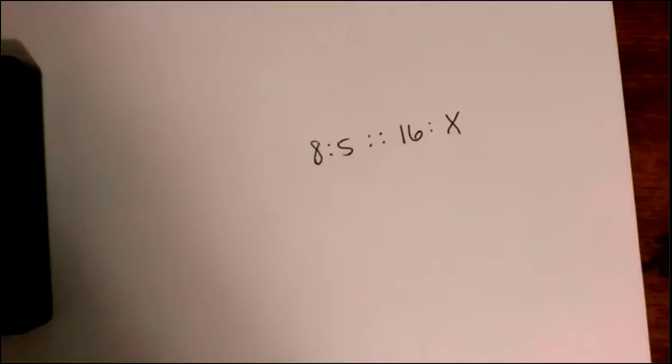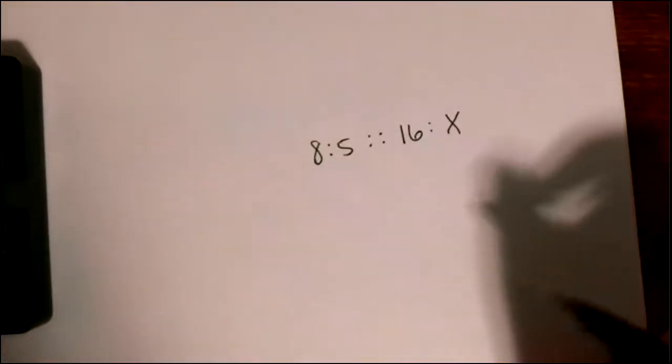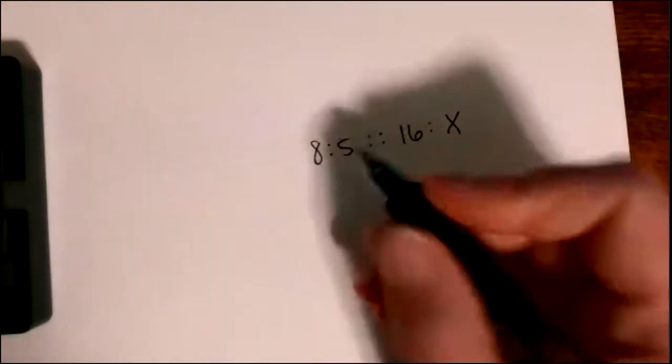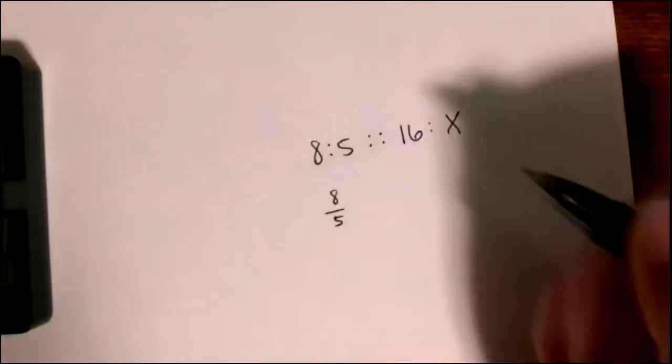So here we see two ratios being compared to each other, okay? How I would read this is 8 to 5 is equal to 16 to x. Anytime you see double colon signs, that is just another way to write equal. So if I was writing this as a fraction, I have 8 to 5, which would just be 8 over 5.